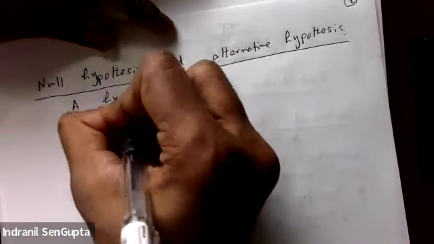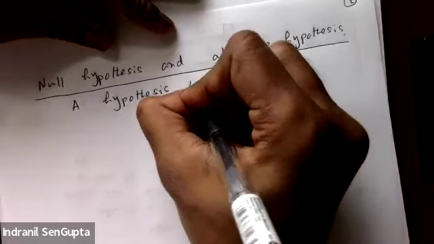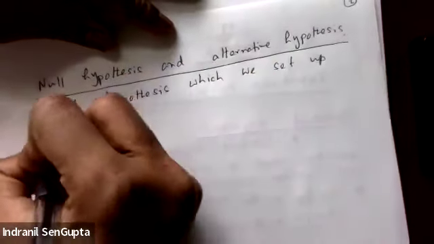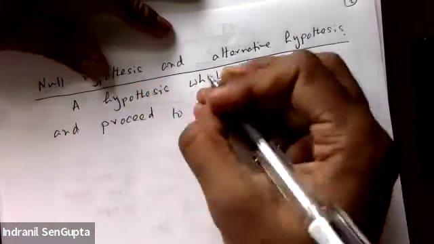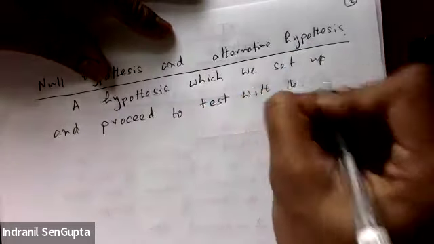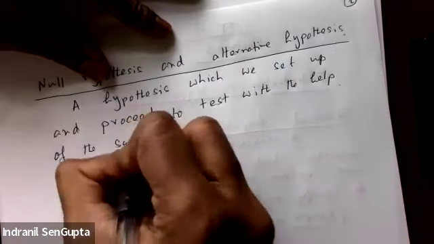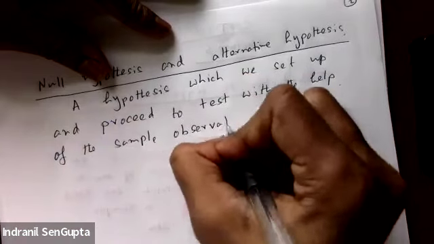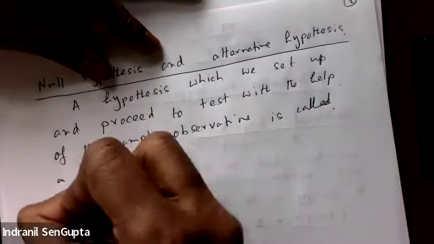A hypothesis which we set up and proceed to test with the help of the sample observations is called a null hypothesis.